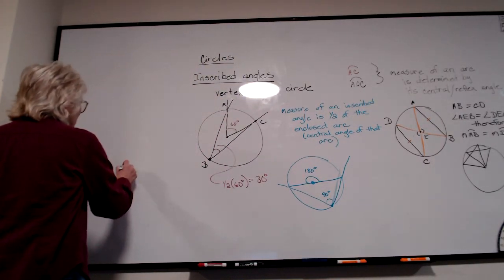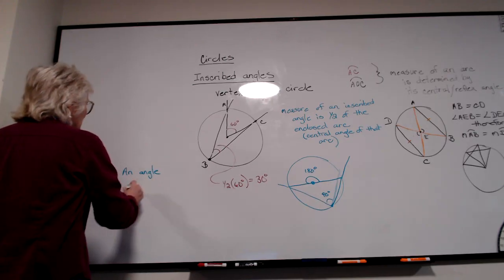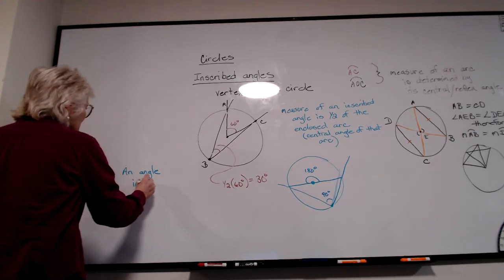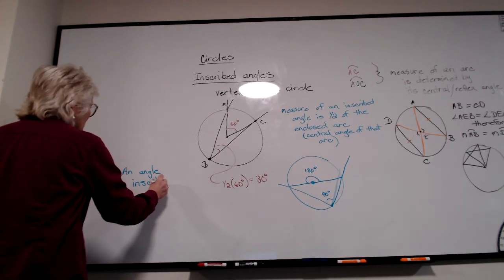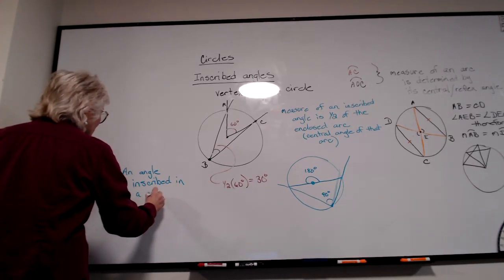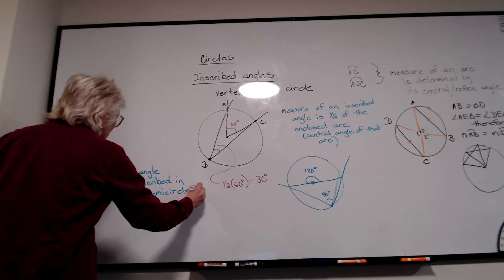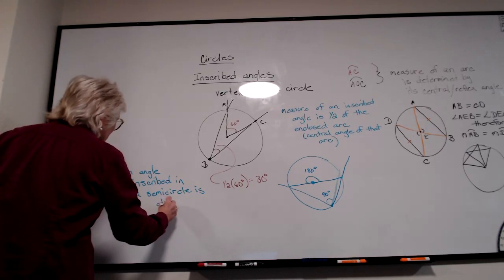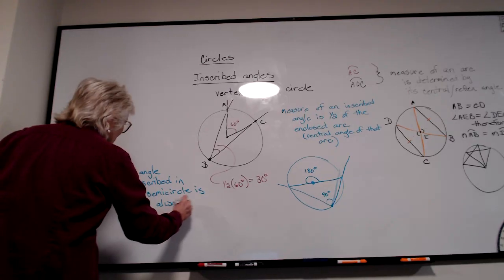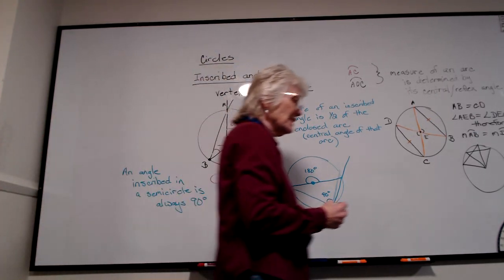An angle inscribed in a semicircle is always 90 degrees.